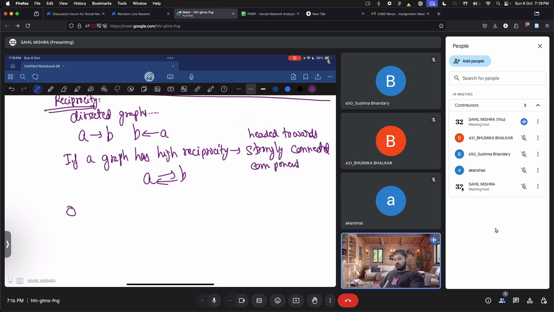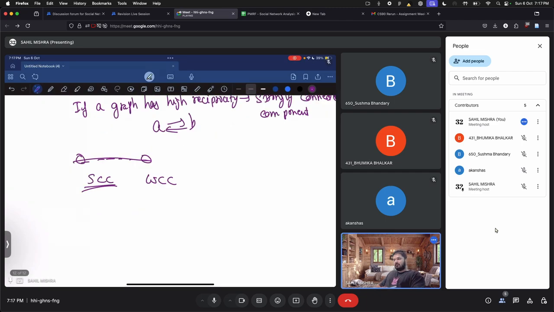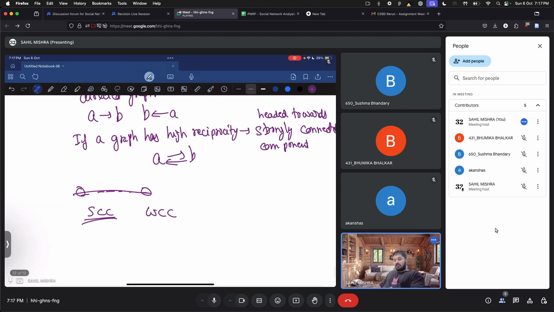You can travel from one node to any other node with the help of edges. But in directed graphs, the edges have directions. If you want to use the directions of those edges, we use the term strongly connected components. If you don't want to use the direction of edges, we use weakly connected components. Okay. So a strongly connected component is a directed graph which has paths from one node to the other easily, like direct paths are there. So it's still not a strongly connected component, but it is headed towards strongly connected components.